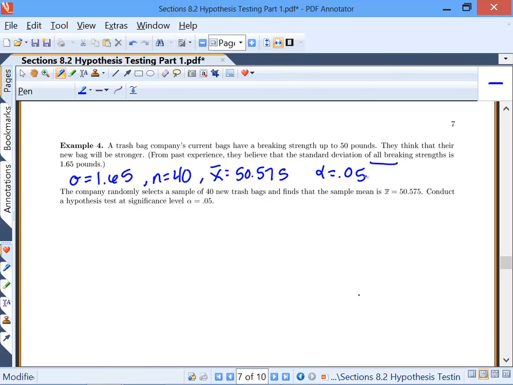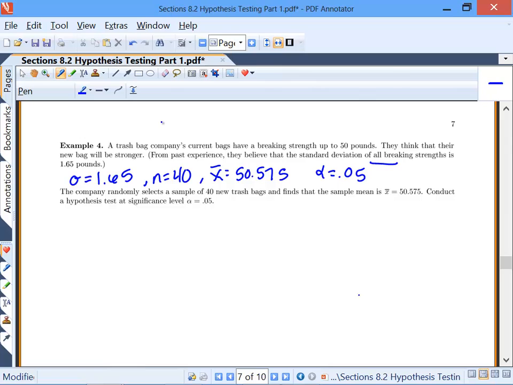Okay. And let's see, what else have I not looked at? Their current bags have a breaking strength of up to 50 pounds, and they think their new bag will be stronger. So it sounds to me like they want to show that, well, they could look at the population mean. Do you think they want to show that the population mean is greater than 50, less than 50, not equal to 50?